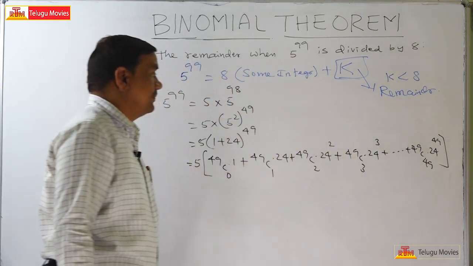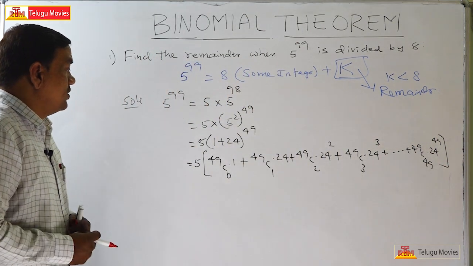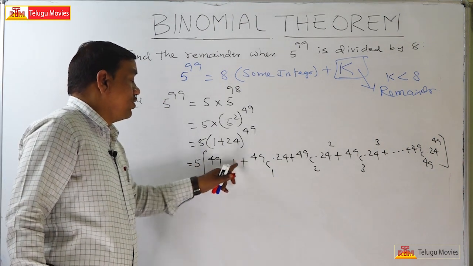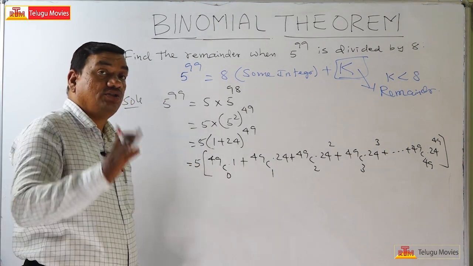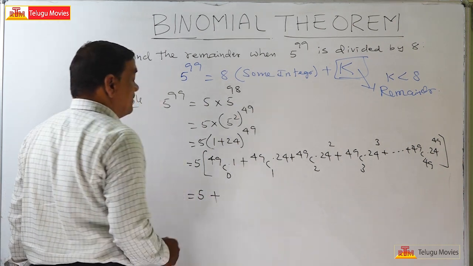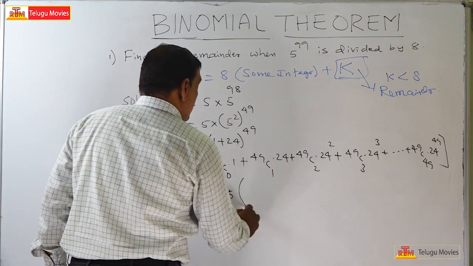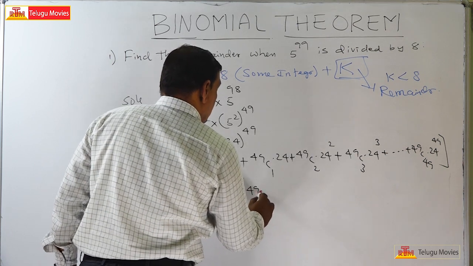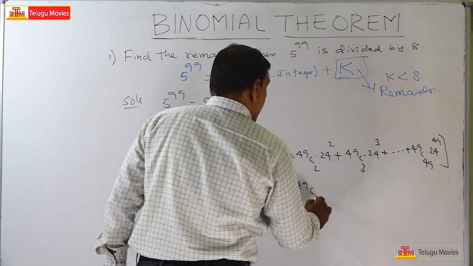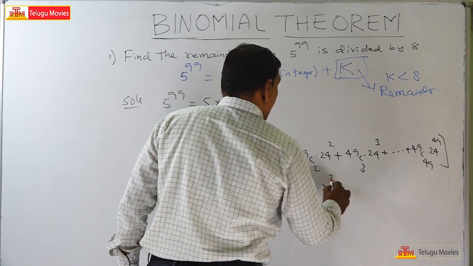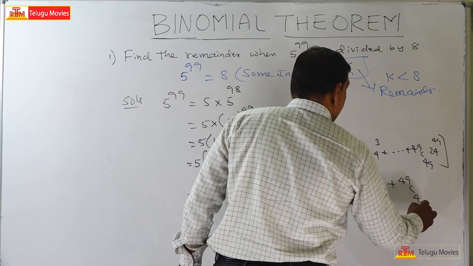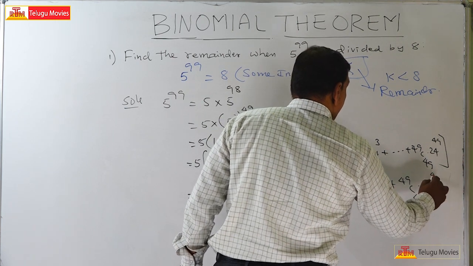Understand this? Now 49C0 is equal to 1, so this is 5 plus 5 into 49C1 into 24 plus 49C2 into 24 whole square plus so on, the last one 49C49 into 24 to the power of 49.